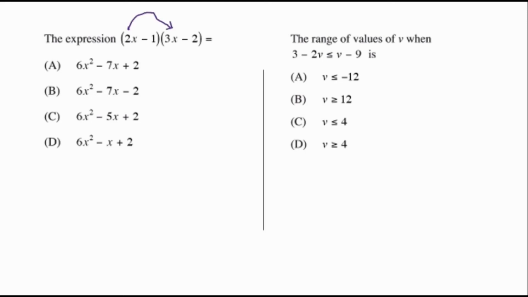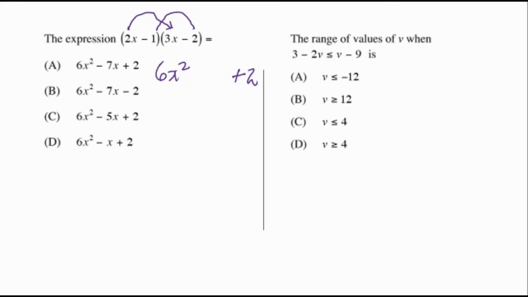So that will give us 6x squared. Now all of the possible answers have that. So therefore, that will not help us to determine which one exactly. Now the next thing we know that there's a negative 1 here and a negative 2. That will give us the last term. So it will be plus 2.